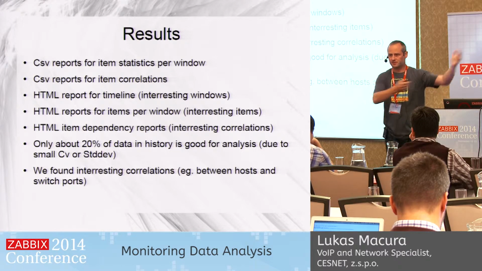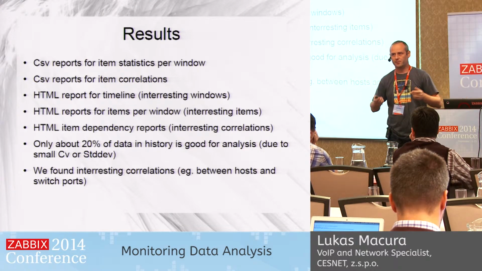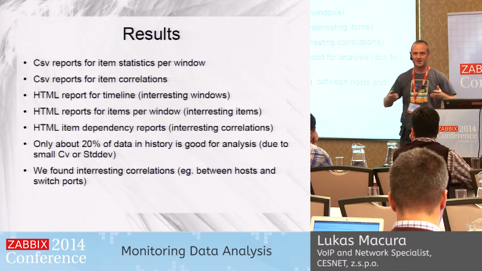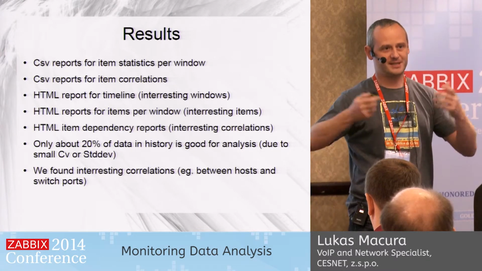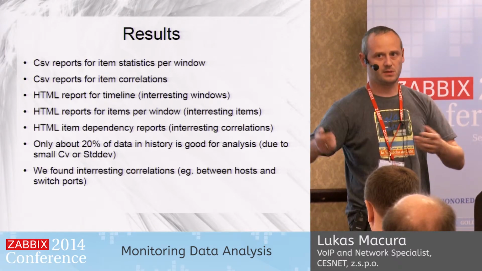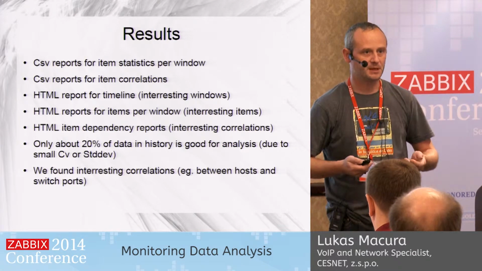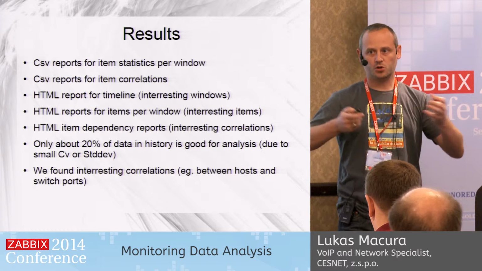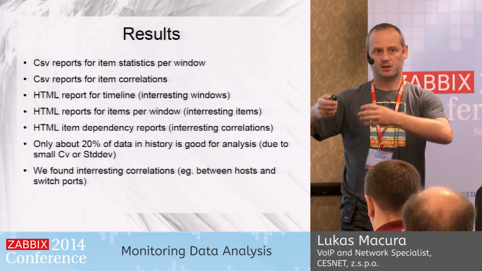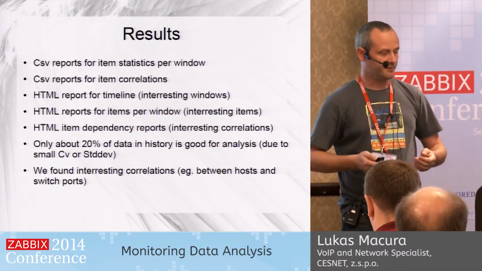How is it possible that ports correlate? We found that it was some camera monitoring system on those ports, which had the same features when communicating with the central server. So you are able to find not physical connections, but logical connections between your hosts, items, or something like this.